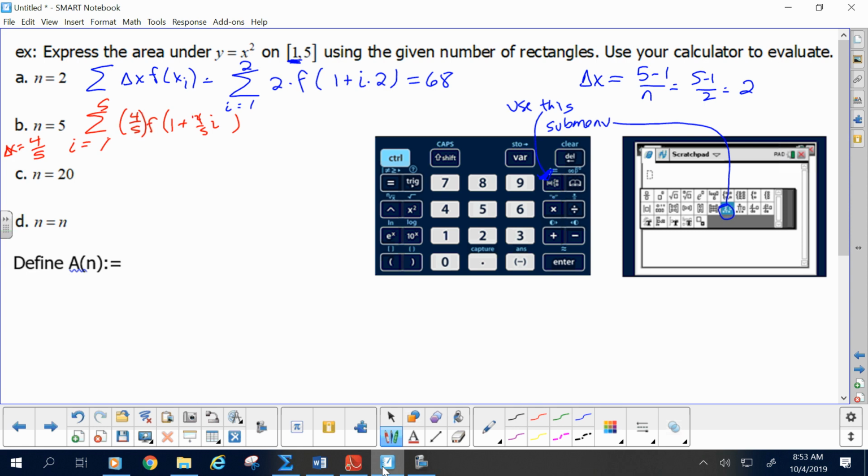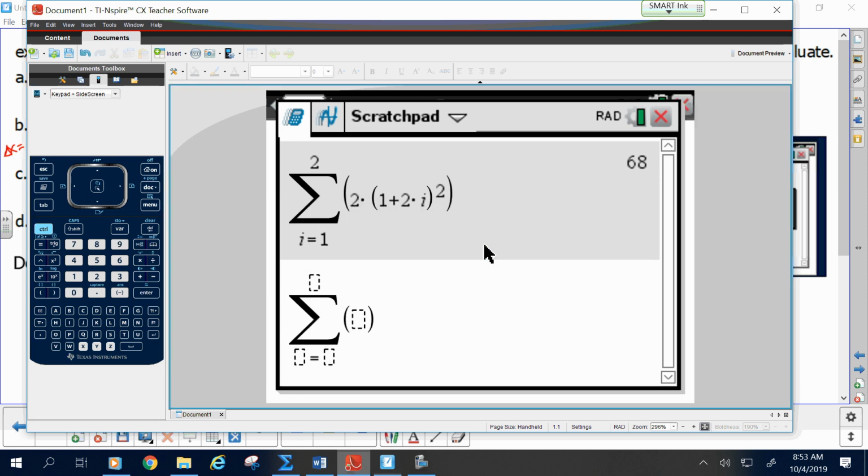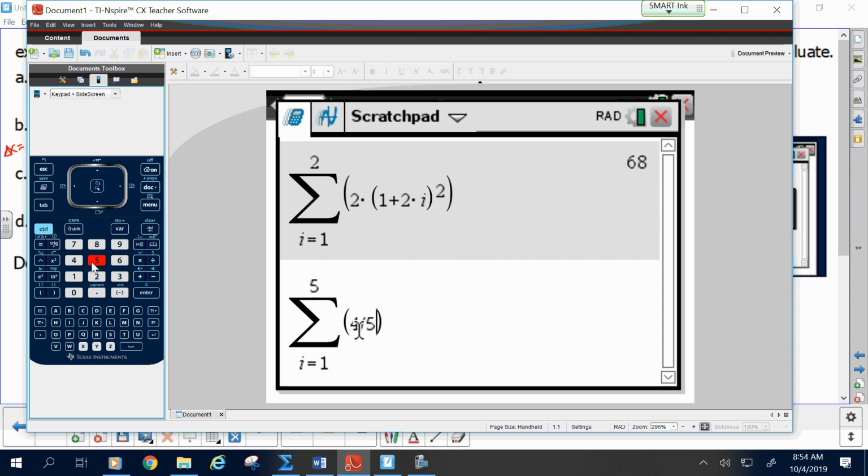So, if you slap that into your calculator, would we expect this to be more or less? Less, because we're going to get less area. So if you throw that in your calculator, sum from 1 to 5, 4 divided by 5, and I need to create some squared parentheses.